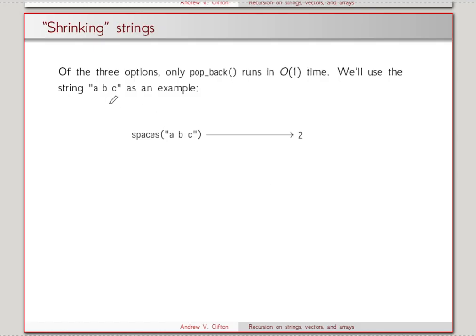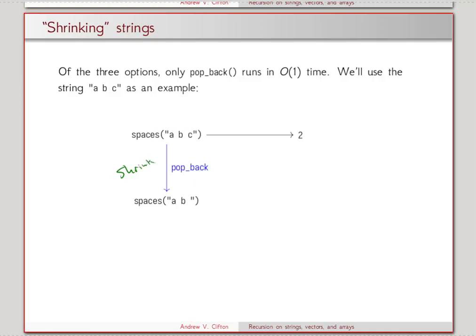Okay, so we will use the string "a b c" as an example, which has two spaces, right? 1, 2. So the way we build this out is we say, okay, this has two spaces. This should return 2. We need to know what the function is supposed to do. Then we say, how am I going to shrink it? And we decided we're going to do a pop_back.